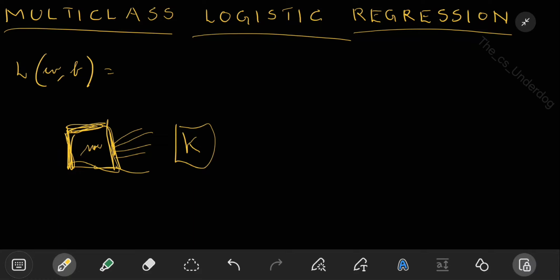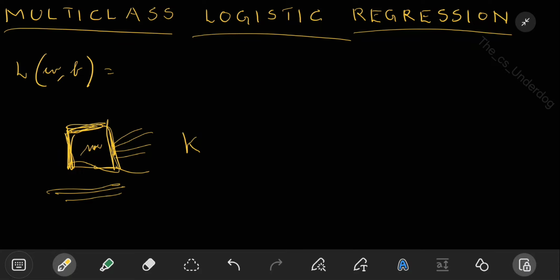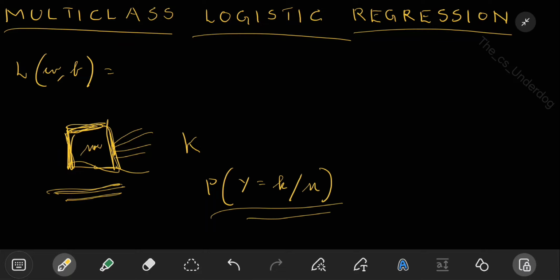So in total, you have m different inputs and each of those inputs can belong to any of the k classes. This is the problem scenario. Okay. So in that case, how can you write the total likelihood? First thing, you have m different inputs. So you know the probability for one particular input belonging to one class is probability of y is equal to k given x. Okay, we already saw this.